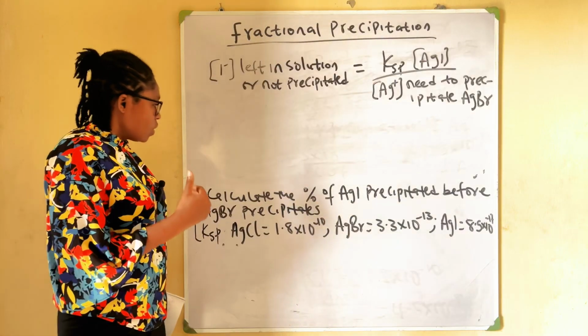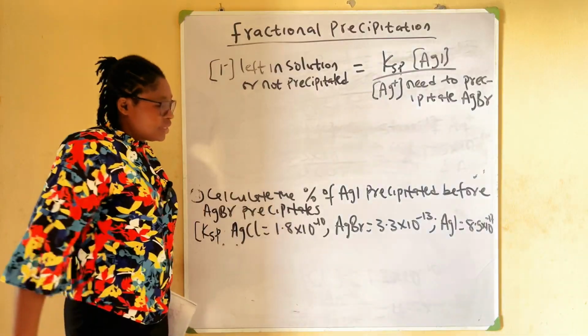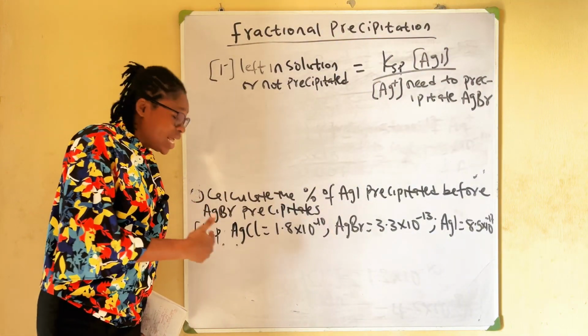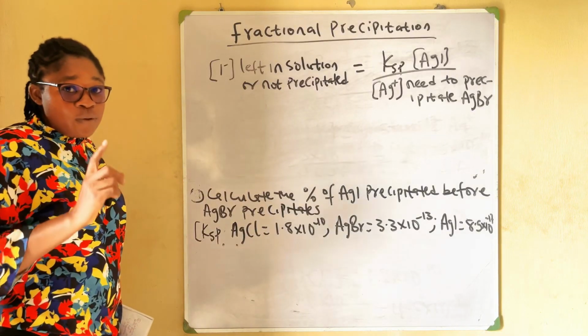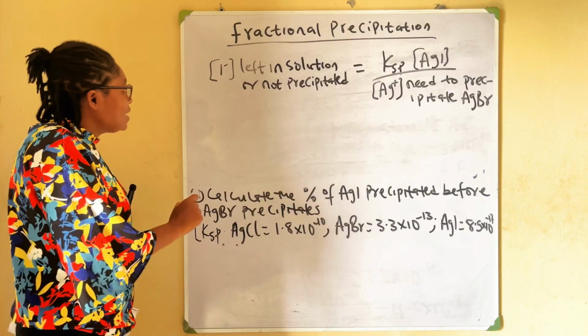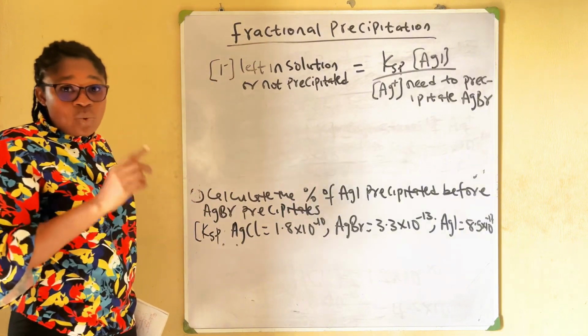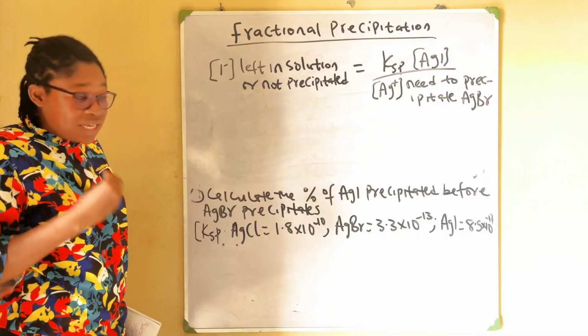Question number 2. Calculate the percentage of silver iodide precipitated before silver bromide precipitates. So first of all, we are going to find the concentration of iodide that is left in solution. That's the one that's not precipitated.